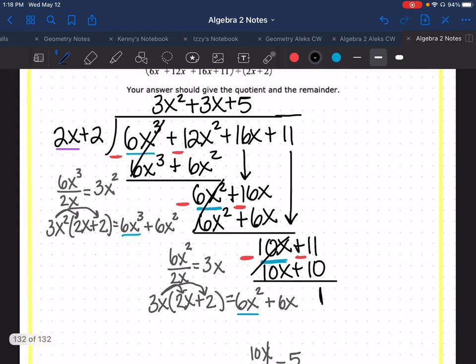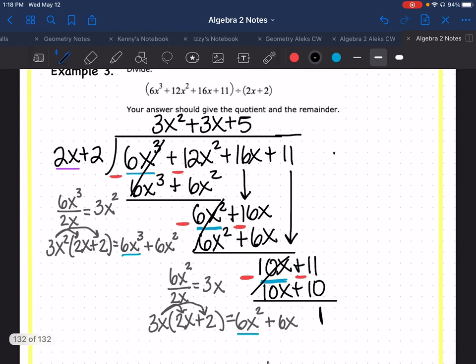Once again, it's going to ask you for your quotient. And it's going to ask you for your remainder. All right, don't forget that your quotient is right up here.